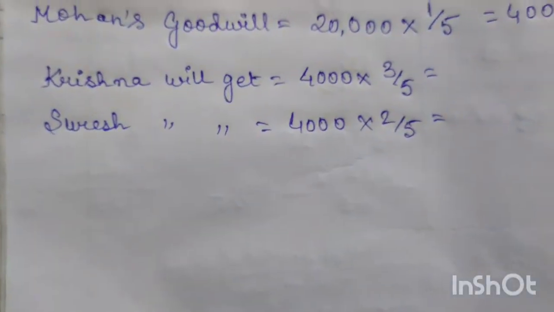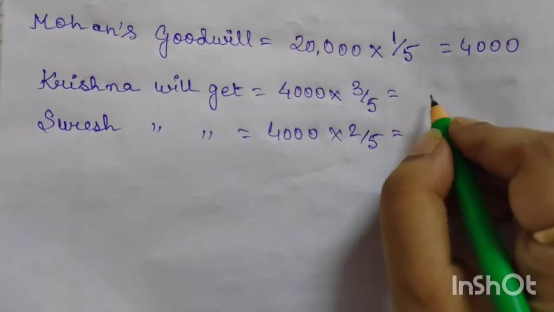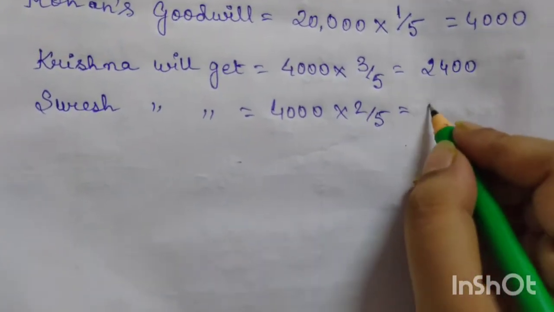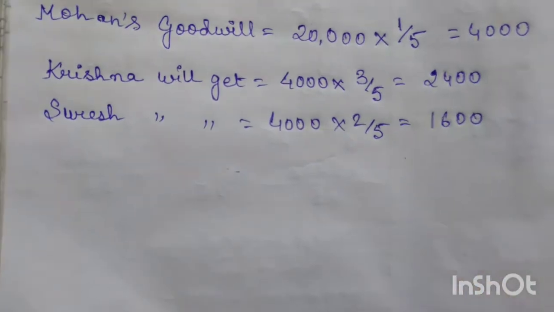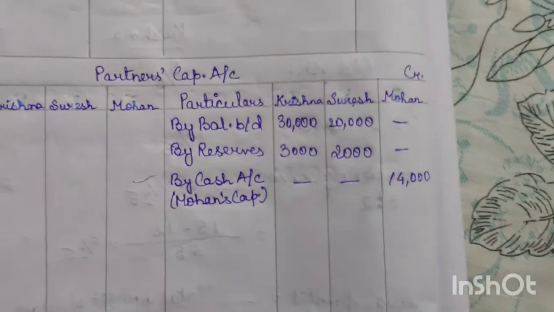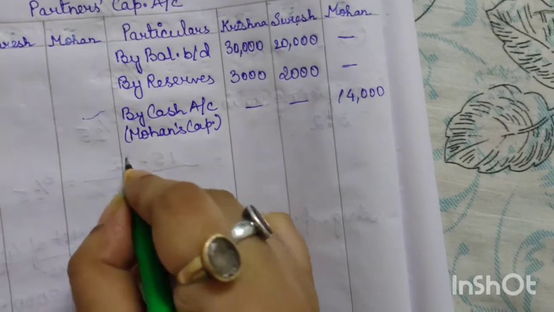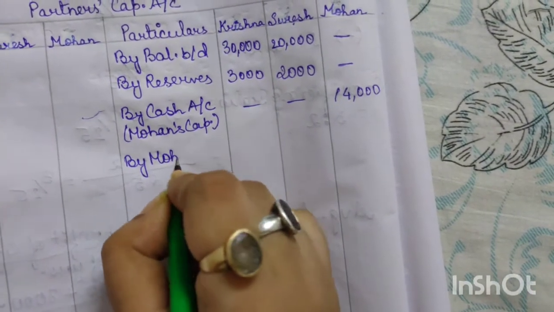Okay. So for Krishna the share will be 2,400 and for Suresh it will be 1,600. And as I told you, if goodwill is not brought in cash, then we should give it from capital account. So in this case it will be given from Mohan's capital as he is the new partner.